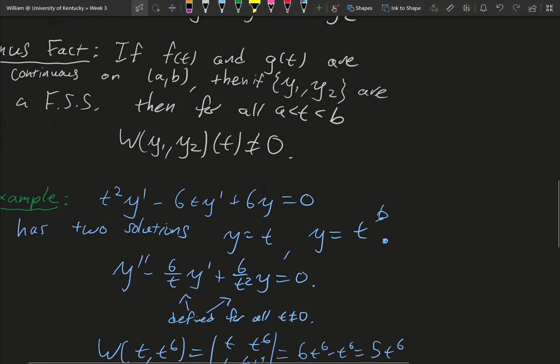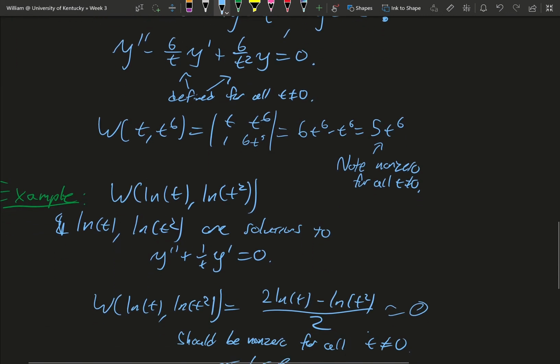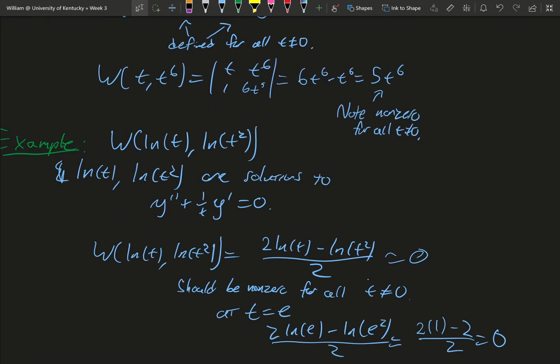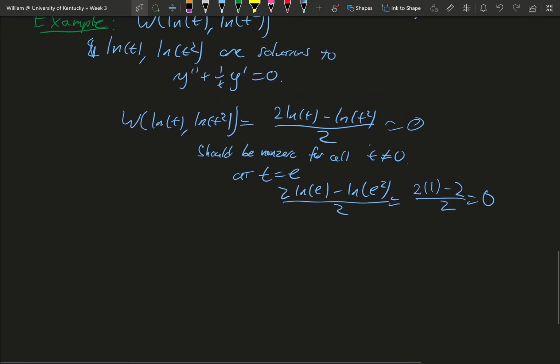That was maybe the caveat that I didn't totally stress. If these are a fundamental set of solutions, we're good. So the fact that this was 0 at e tells us that this is not a fundamental set of solutions. So there's the answer to one of the worksheet problems. And I'll post the whole solutions tomorrow after the people who couldn't attend have turned it in.